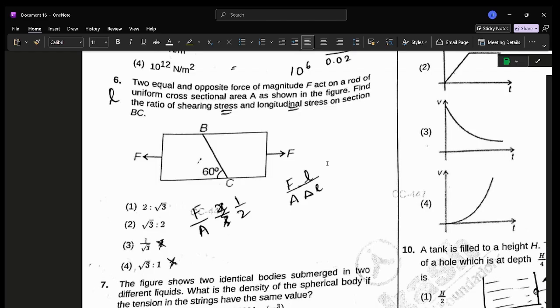Let me check it out in Doubtnut. Never mind. Now I will understand.